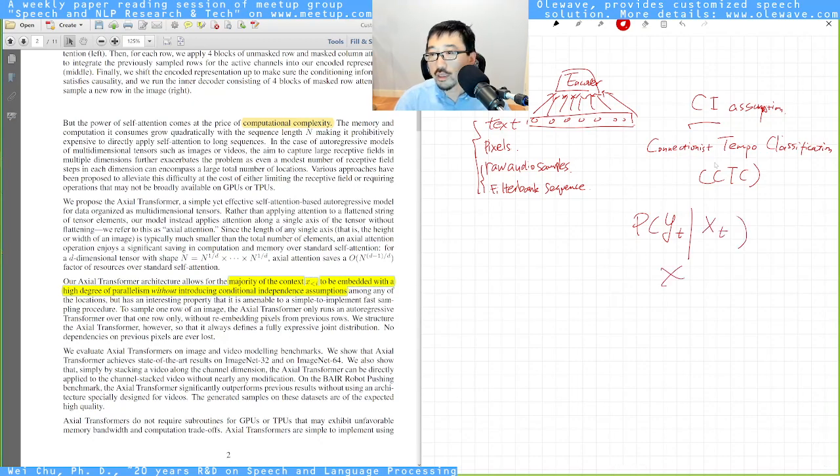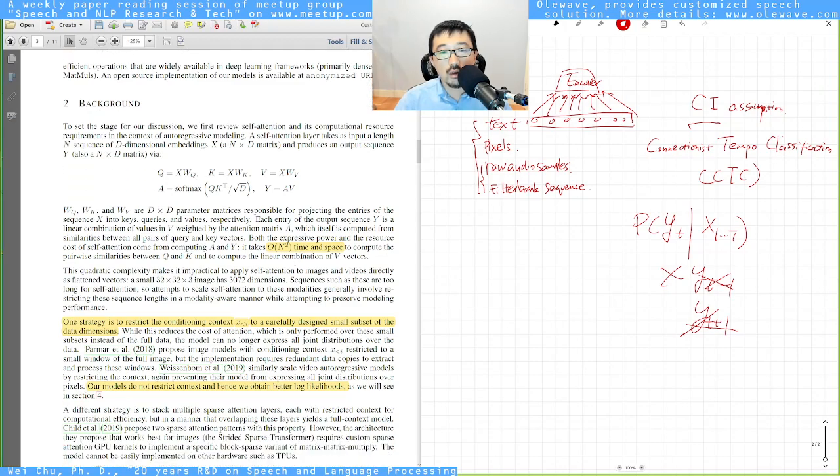So it does not depend on the y t minus 1 or y t plus 1. It should be x 1 to t. Well, this is obviously a very strong assumption, right? It definitely depends on your history or future. And if you make that strong assumption, that hurts your model performance.